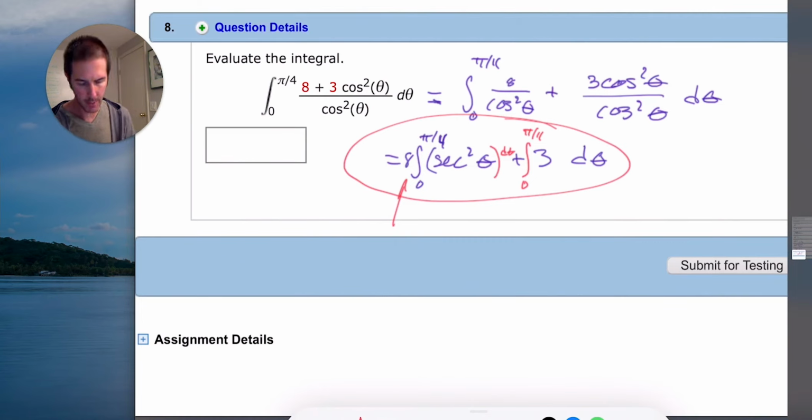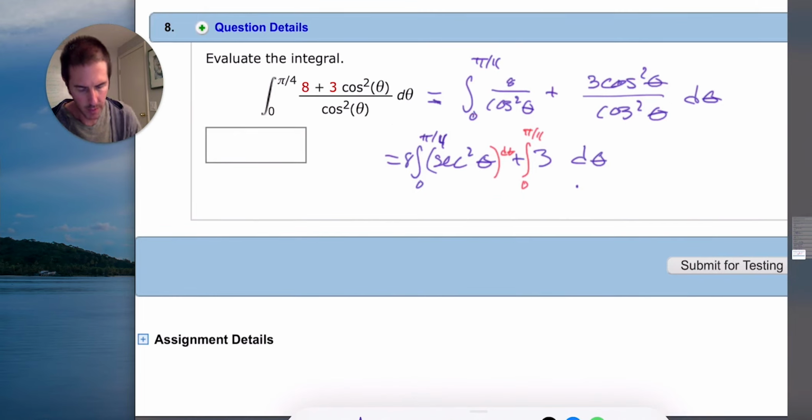I think the better way to write it, though, at least for some of us who are not feeling exceptionally comfortable with all this material yet, let me recommend that you write it this way. I can't even slide my page up any further because I'm at the bottom of the page. Don't factor this 8 out of here.